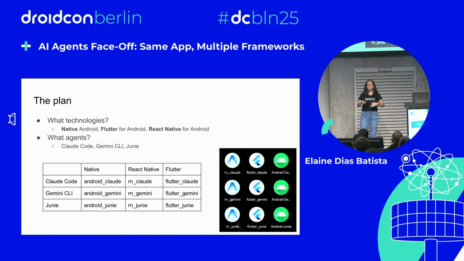Of course, they build for other platforms as well, but I didn't have that much time to compare all of the possibilities, so I'm limiting myself to Android. And which agents? Coding agents: I'm going to be using Claude Code, Gemini CLI, and Junie. So you can see at the end, 9 Android apps, and here are their project names.